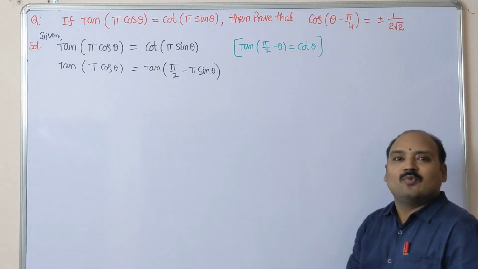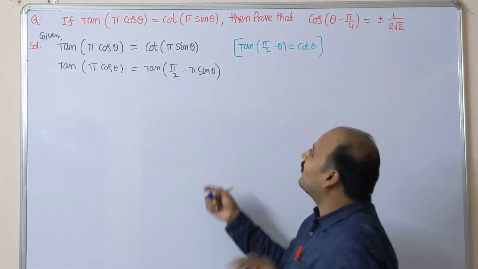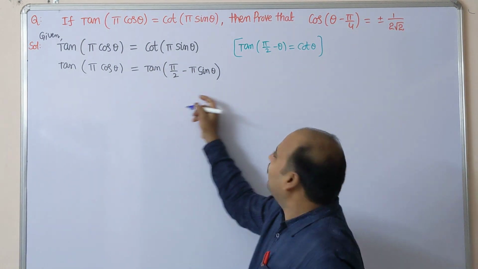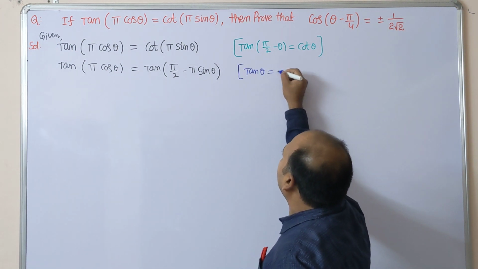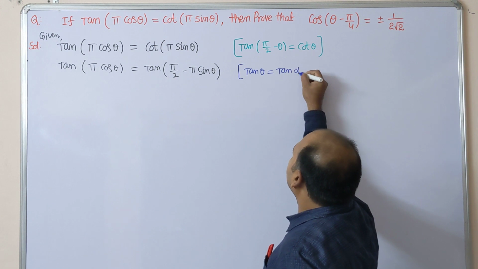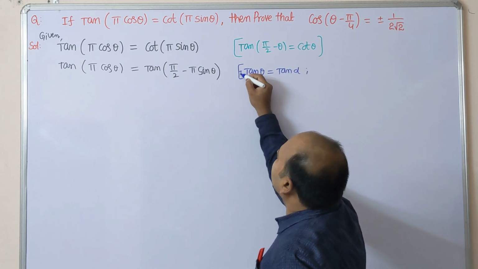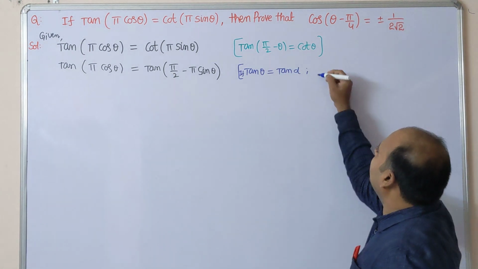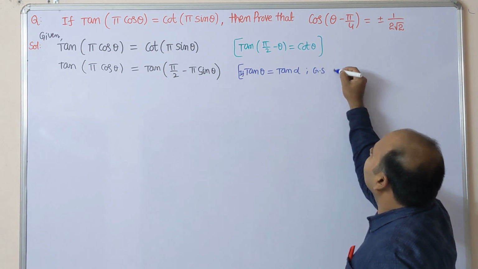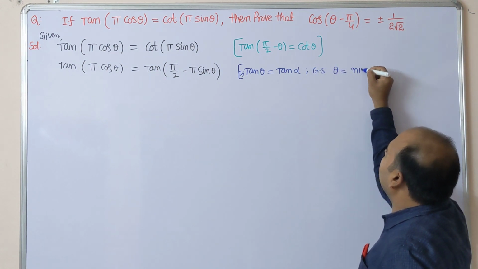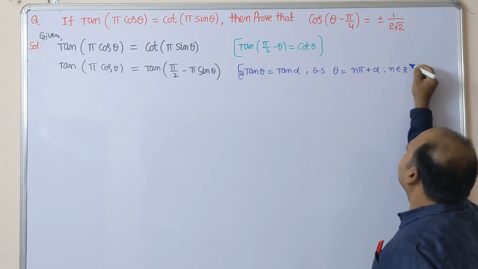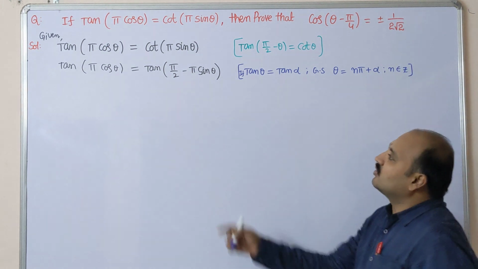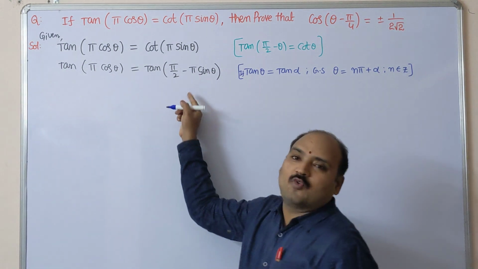Later on, we have the general solution formula. If tan theta is equal to tan alpha, then theta equal to n pi plus alpha, where n belongs to Z. So this is theta, this is alpha.